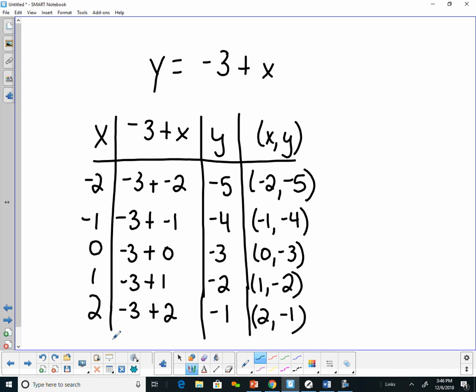Now I'm ready to graph this. So if I graph, we're just going to kind of estimate right here. This is -2, -5, -1, -4, 0, -3, 1, -2, and 2, -1. And then I will draw my line.